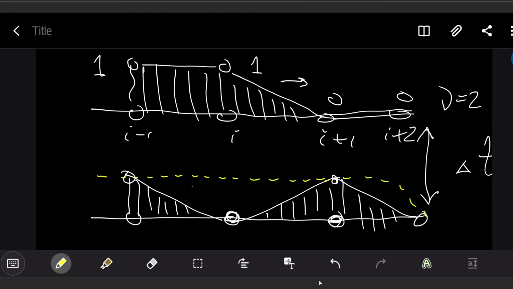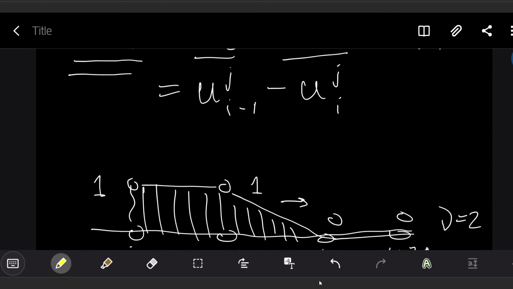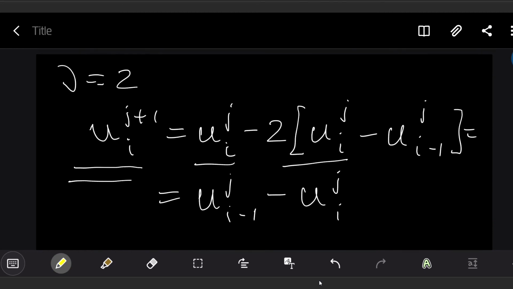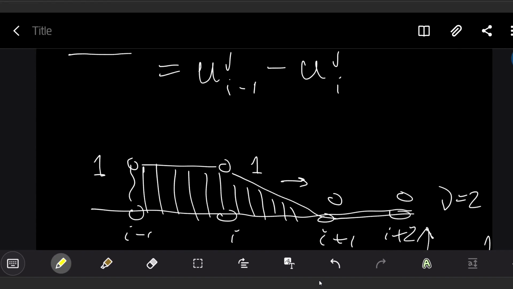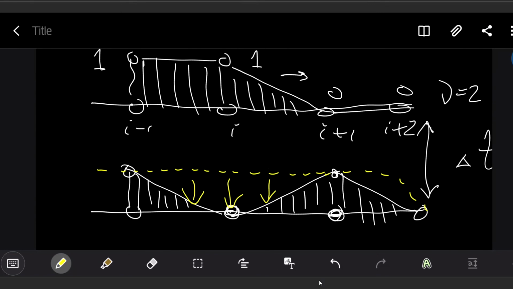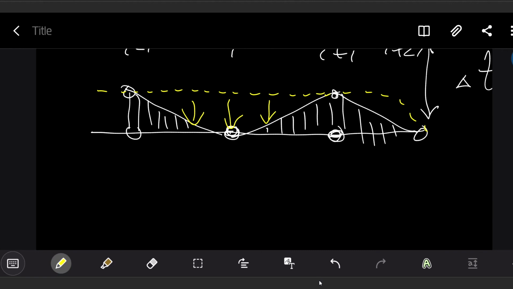What we see here is a sudden decrease of the wave because of the formula. So this is why calculation with a Courant number higher than 1 in this case is absolutely not acceptable, it is a so-called unstable solution. And if you calculate further, you will see more and more problems.